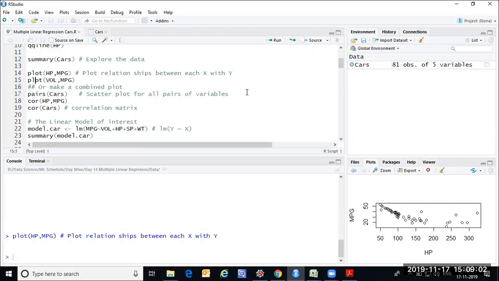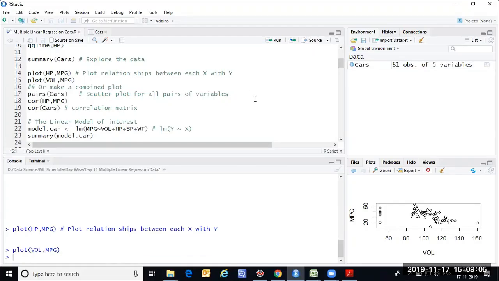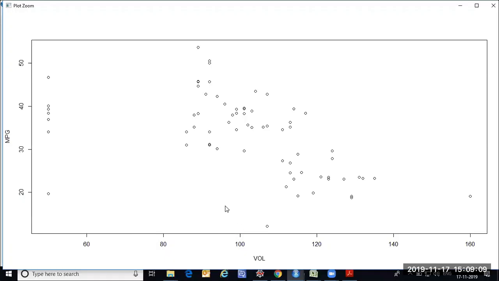Similarly, for each input variable, you need to check how the relationship exists. So what kind of relationship do you think that volume is sharing with the MPG? Negative? Negative correlation.